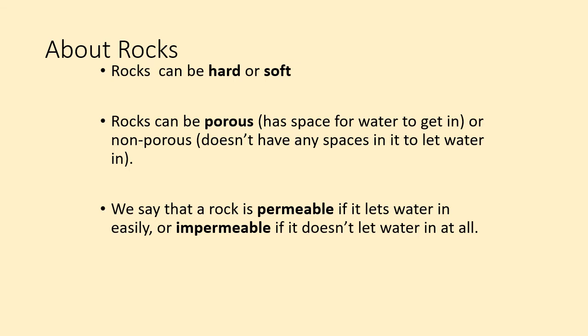Now, if a rock can let water in and is porous, we would describe it as being permeable. So a porous rock is permeable because it lets water in. A non-porous rock is impermeable and will not let water in at all.